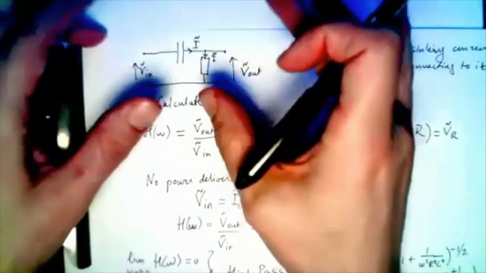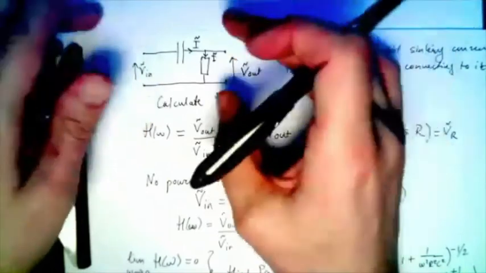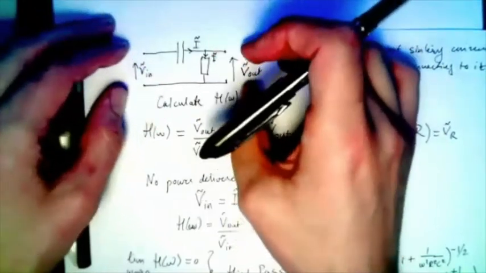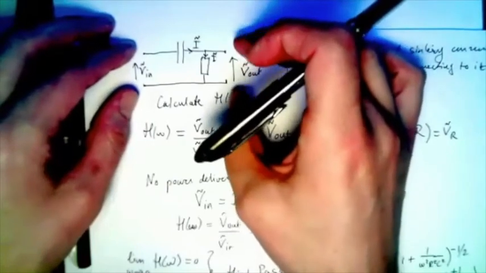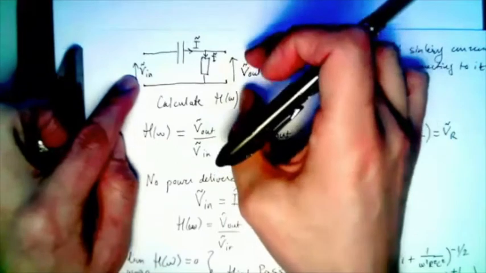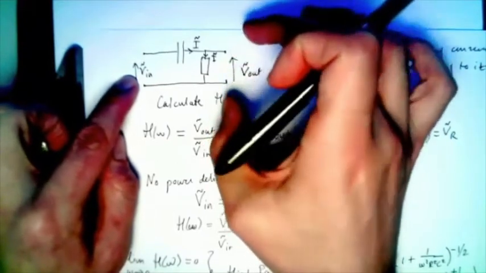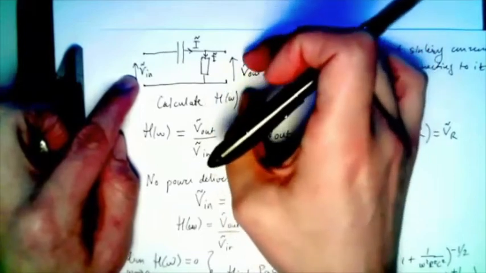This is actually a very, very common thing to do in network theory, where, for instance, if you have a bunch of sources and a bunch of networks, you do this thing called impedance bridging, where your source is a low output impedance thing, like a battery, and your detector is a high input impedance thing, like an oscilloscope. And it just makes life a lot easier if you do it this way.